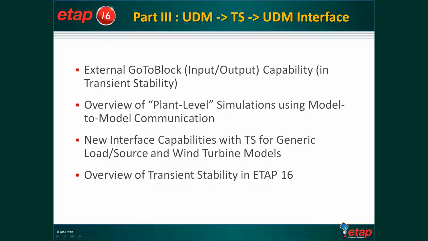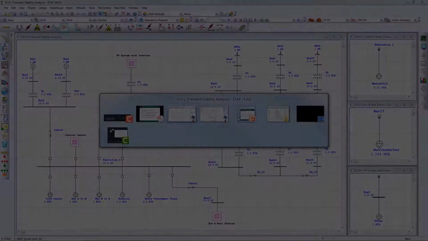And the last enhancement to ETAP 16, which we will discuss in the next two application examples, is the enhanced interface between transient stability and UDM to handle current injection models for wind turbines. First, let's start by taking a look at the input-output blocks in an example in ETAP.